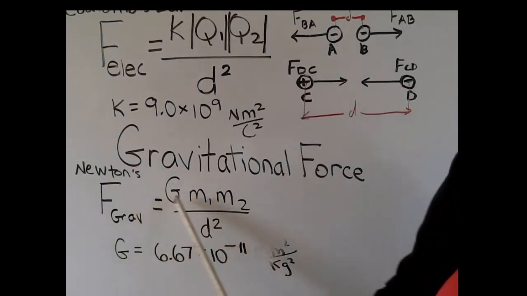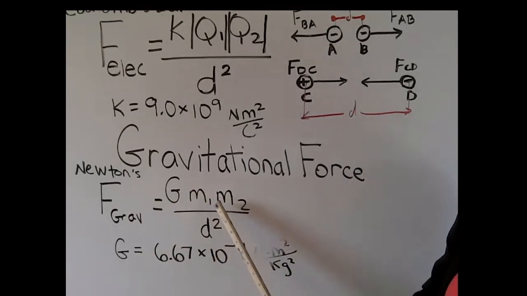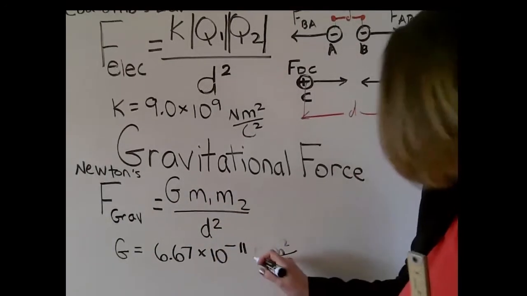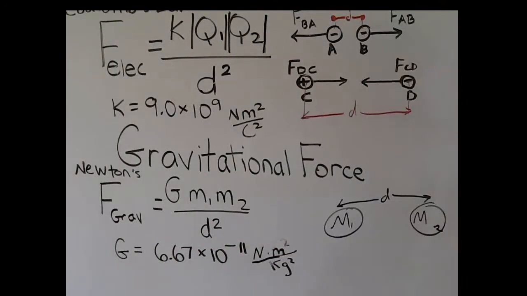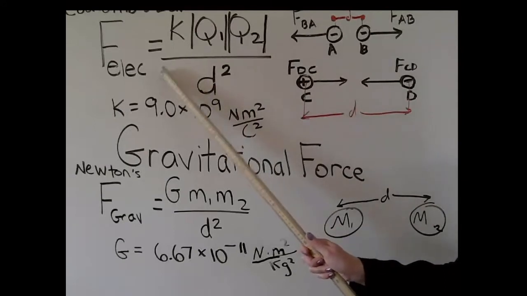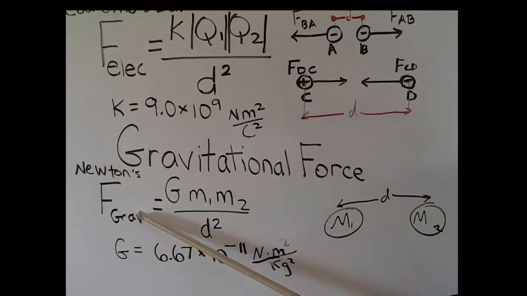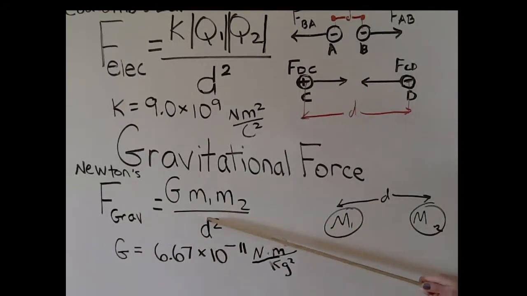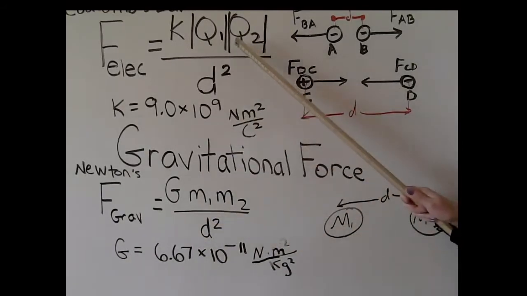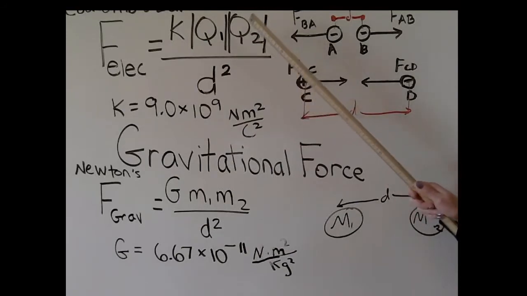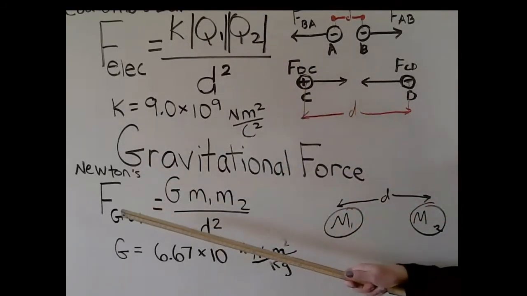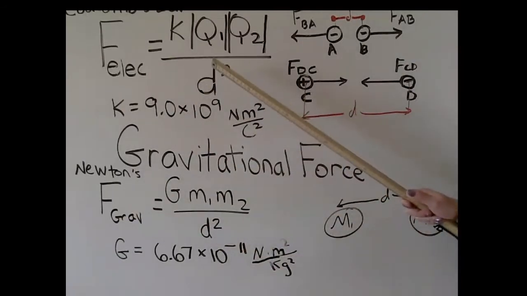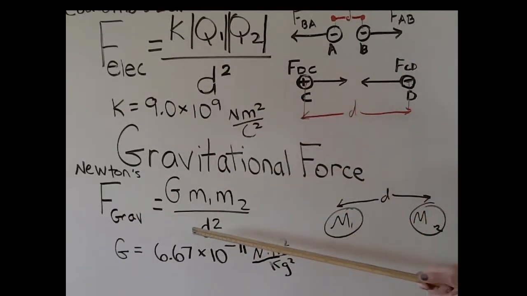And it's inversely proportional to the distance squared. So both Coulomb's law of electric force and Newton's law of gravity show that the force is proportional to the products of the quantity that causes the force, and that the forces are inversely related to the distance between the quantities that cause the force.